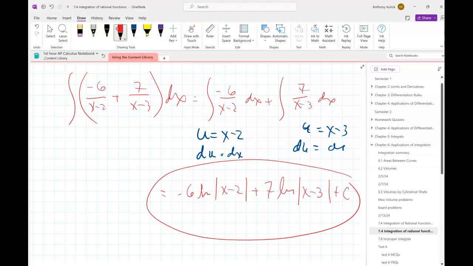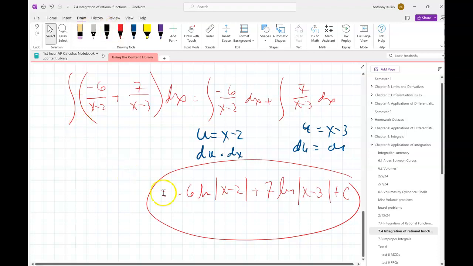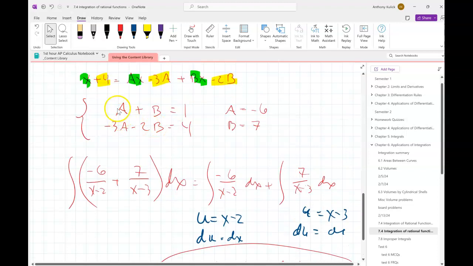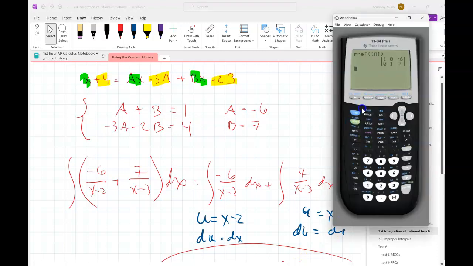So I just typed the coefficients. So 1, 1, 1, and then negative 3, negative 2, 4. I just typed the coefficients exactly like they look, right?